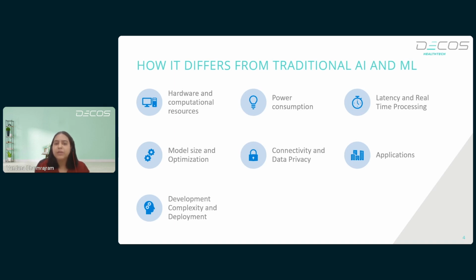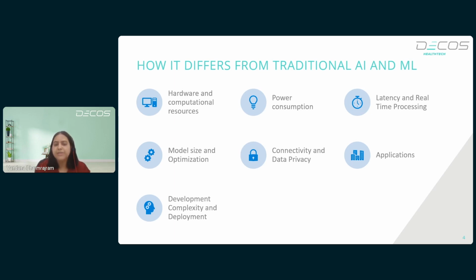TinyML is used in IoT, wearables, environmental monitoring, smart home devices, and predictive maintenance, where power efficiency is critical. While the traditional AI models are used in big data analytics, autonomous vehicles, NLP, for example, ChatGPT, cloud-based computer vision, and large-scale business applications that demand high computational resources.